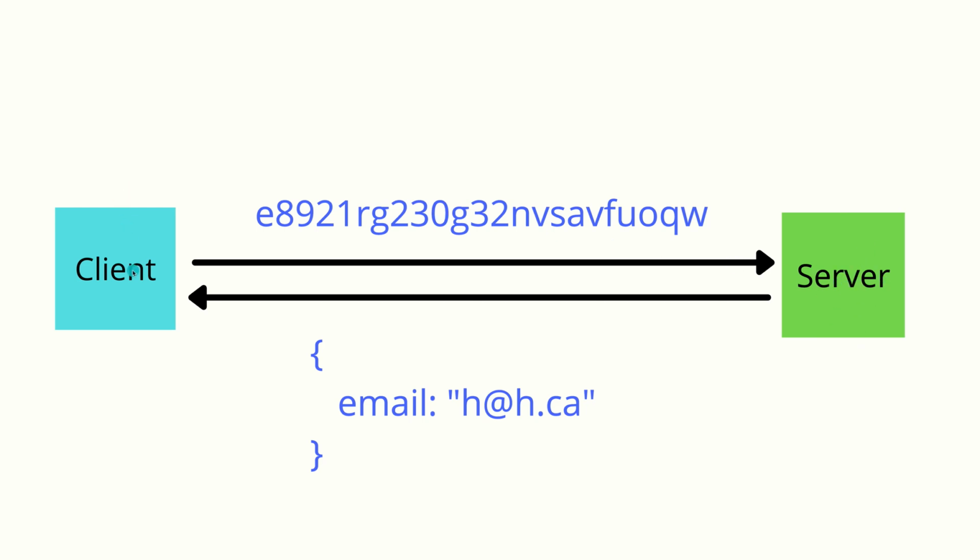So what are we going to do? Well, as soon as we open our website, our client is going to go to our local storage and grab the token if it exists. If it exists, we're going to make a request to the server with this token. The server is going to verify the token.